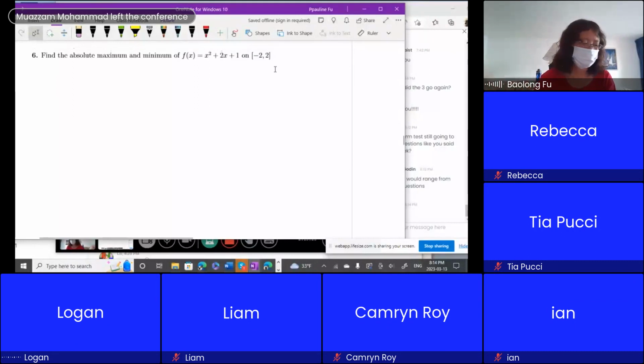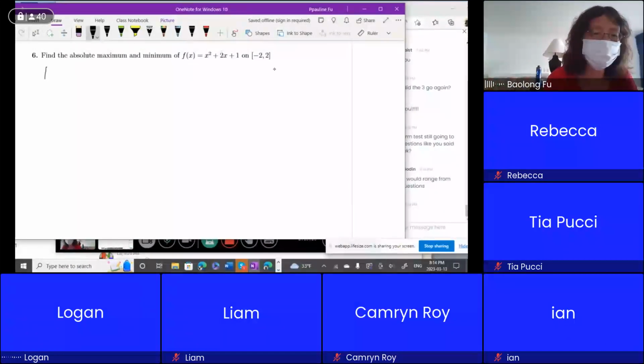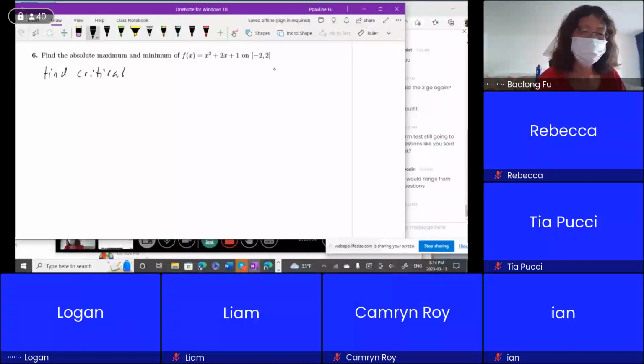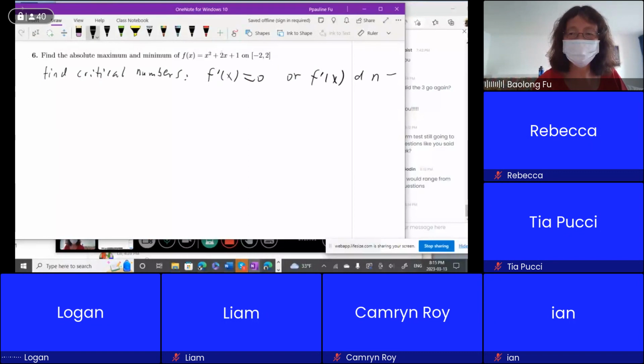So the procedure is to find the critical numbers. And what is a critical number? It is where the first derivative equals 0, or the first derivative does not exist.